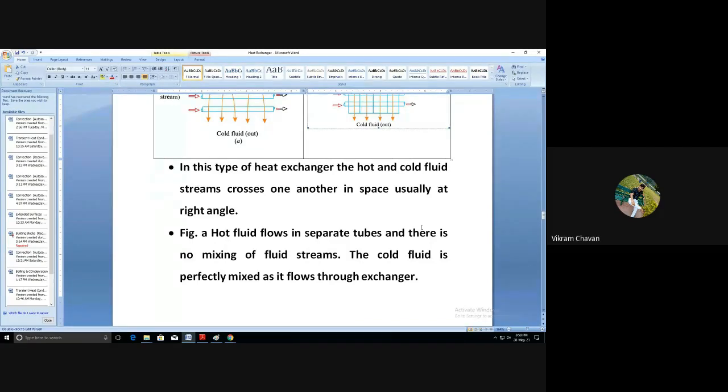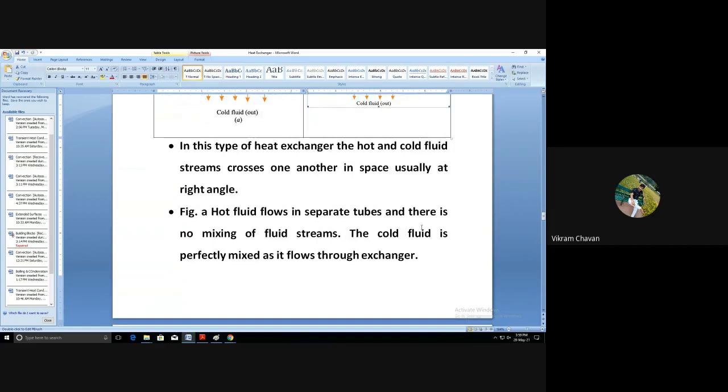Full stop. The cold fluid is perfectly mixed as it flows through the exchanger. Full stop.